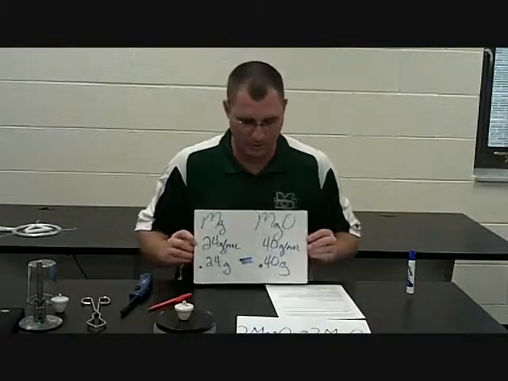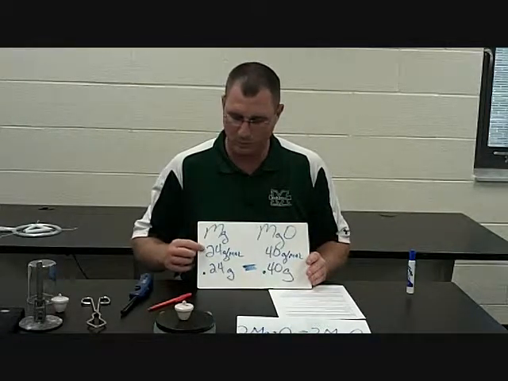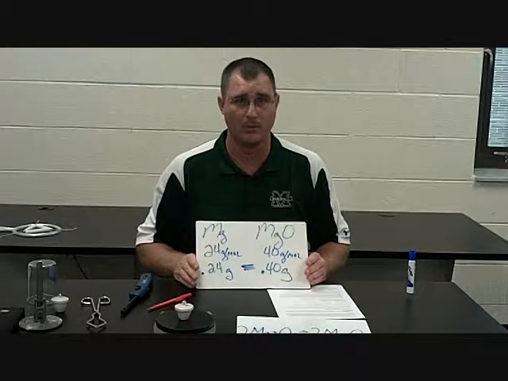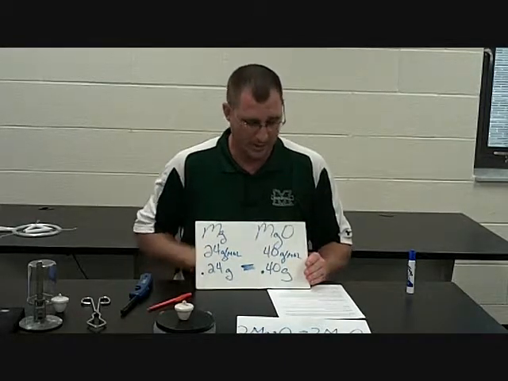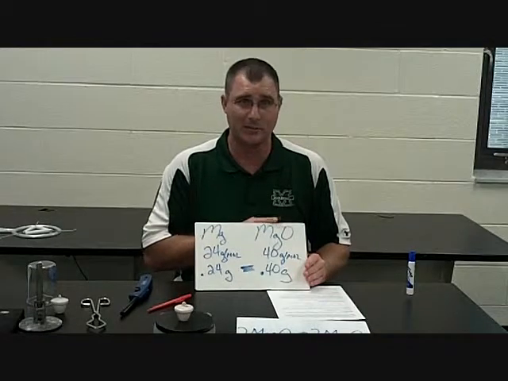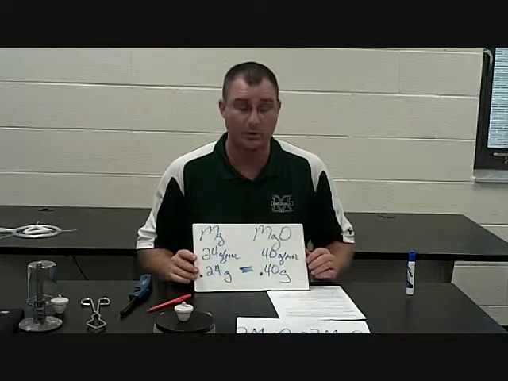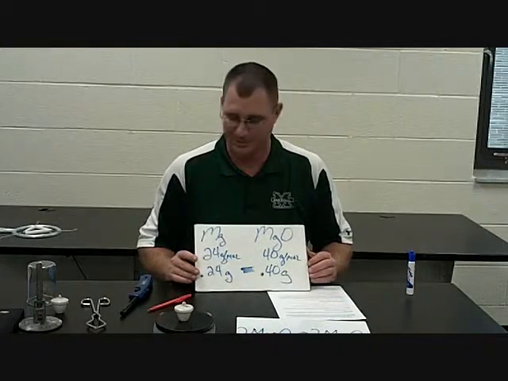When I start doing my molar masses of magnesium, I see it weighs 24 grams per mole. And then when I do the molar mass of magnesium oxide, MgO, I see that it should be 40 grams per mole.